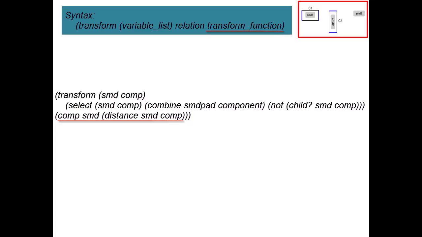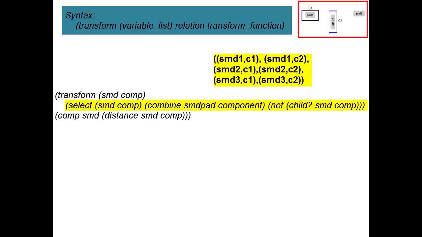We start our example with the input relation to our transform operation, which will be the output of the select operation. This select operation will first combine every SMD pad with every component in the design, and then select just the SMD pad component pairs where the SMD pad is not a child of the component. The relation will be of order 2 and type SMD pad component.